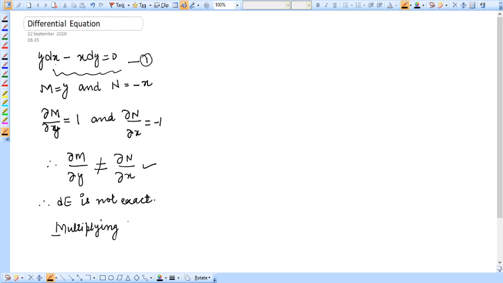It becomes 1 over x square times (y dx minus x dy) equal to 0 times 1 over x square, which is 0 again.